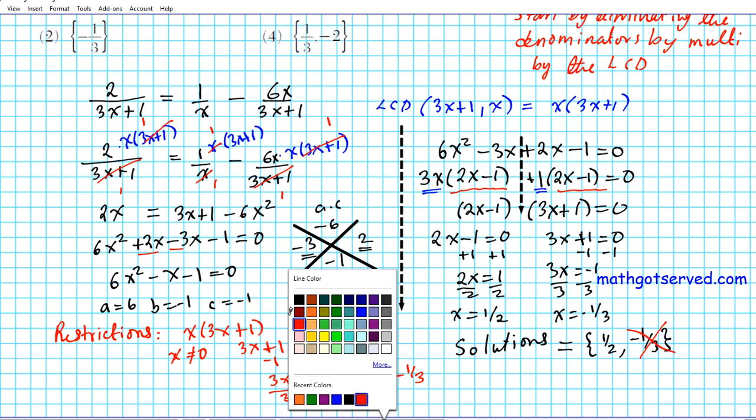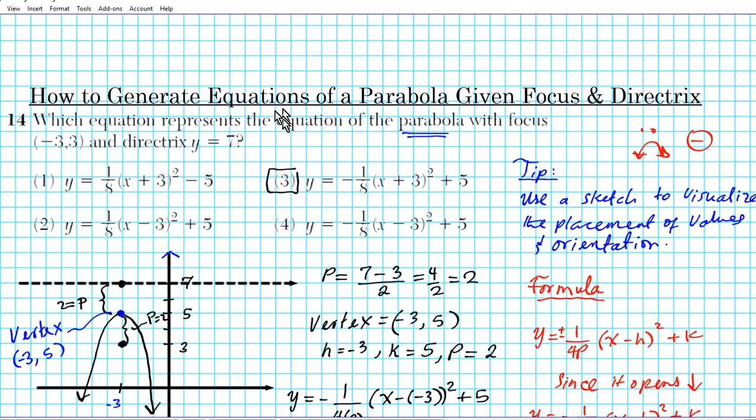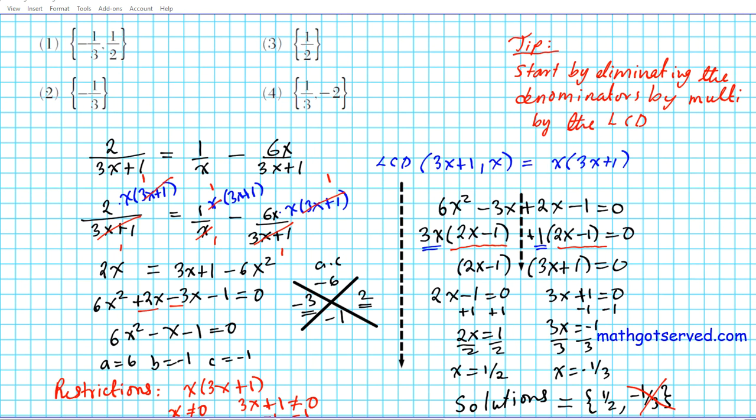So even though it shows up in the solution set, it does not satisfy the restrictions. So the actual solution to this problem is just 1/2, and that's it. All right, so the answer to question 15 is option number 3.